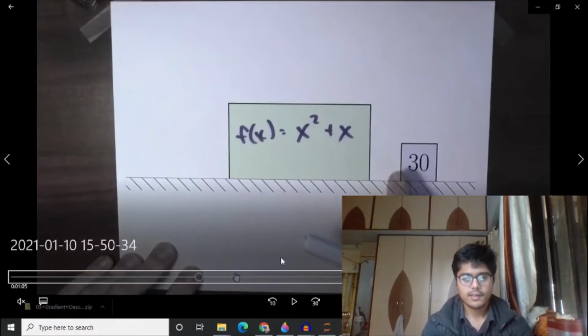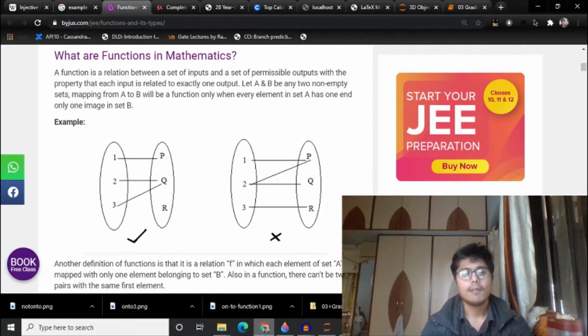So let's dig deep into the function concept. You can see this diagram with the first ellipse, the second ellipse, and the mapping. Functions are also known as mapping.